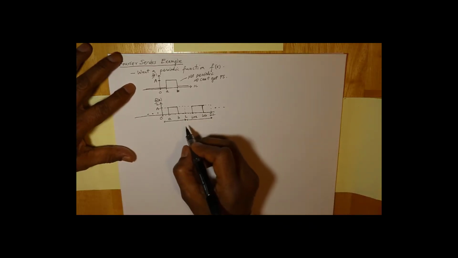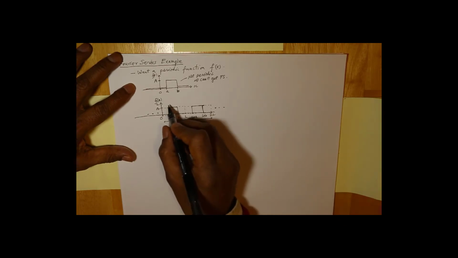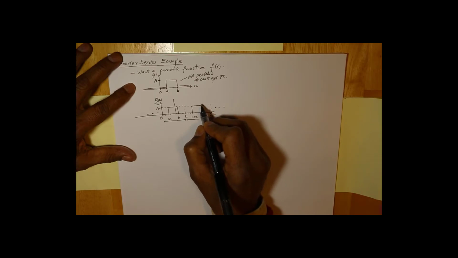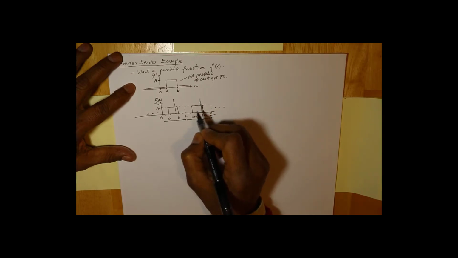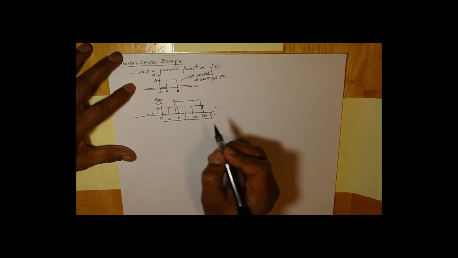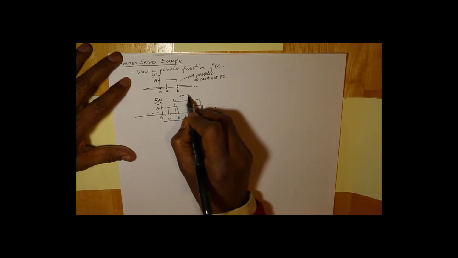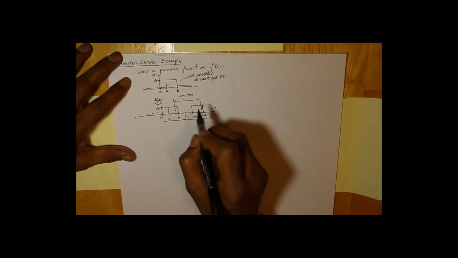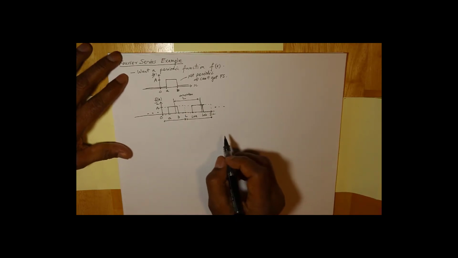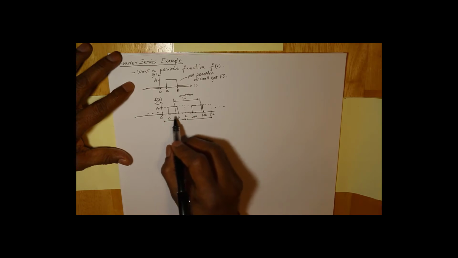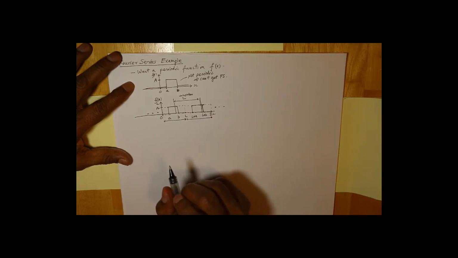Of course, you could take some other period, maybe from here all the way here. That will also be a repeating period. It's also another L. So any one of these will work. When something is periodic, it's periodic regardless of what your starting place is.